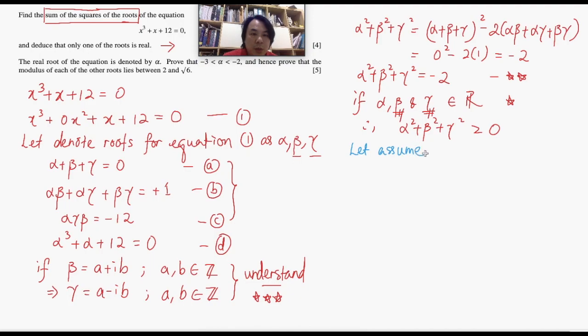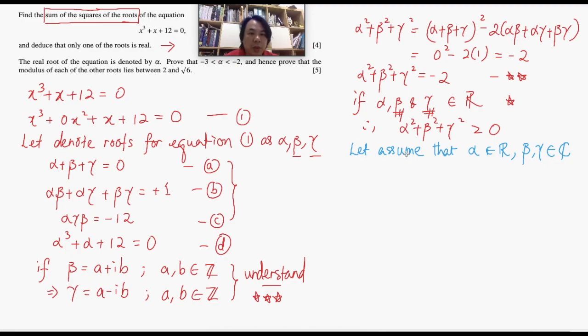Let's assume that alpha is real, whereby beta and gamma are both complex.